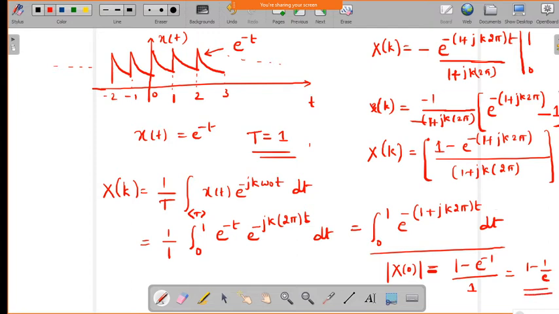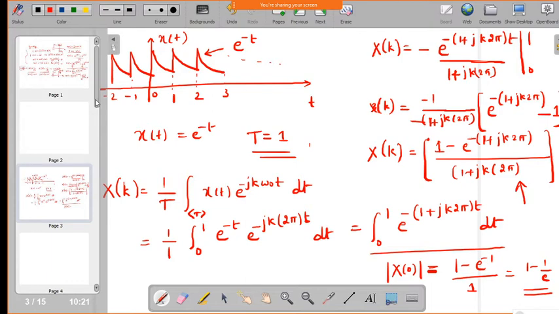Similarly, put the value of k equal to 1 and you will get the value for k equal to 1. Now that spectrum you need to plot by putting the value of k and converting the rectangular form, whatever comes, to the polar form. That will give the phase spectrum as well as the magnitude spectrum. So try to do that and you will get the values. Okay, so do that.